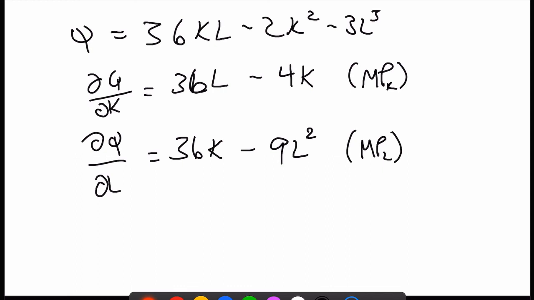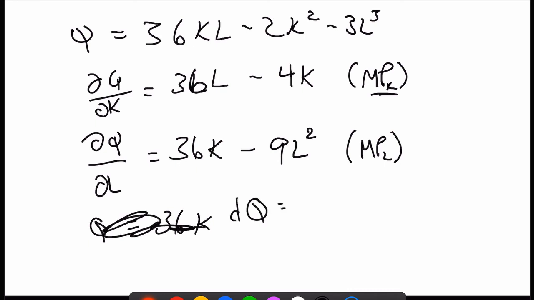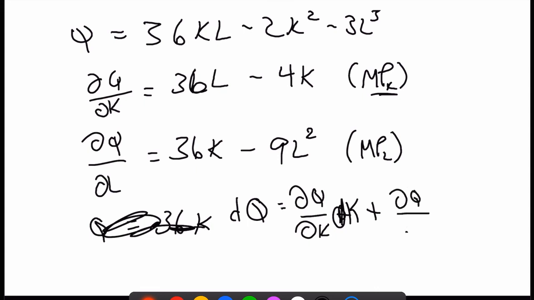So I can look at this now and say, well, what effect does a change in capital have on output? Yes, very exciting. What effect does a change in capital have on output?